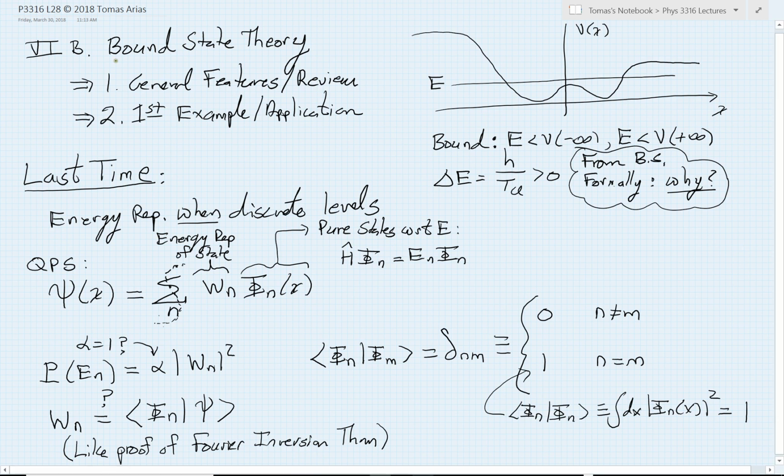Now, just to remind you of what we mean by bound states, we are discussing a situation where we would have a potential V(x) that might have this sort of a general appearance, but in particular we are interested in the energy levels that we will find when the energy is less than the potential, both out at minus infinity and also out at plus infinity.